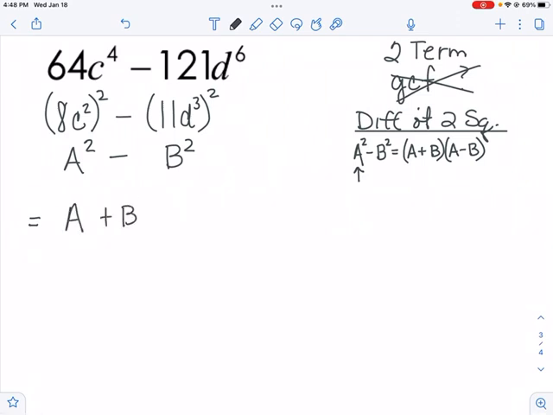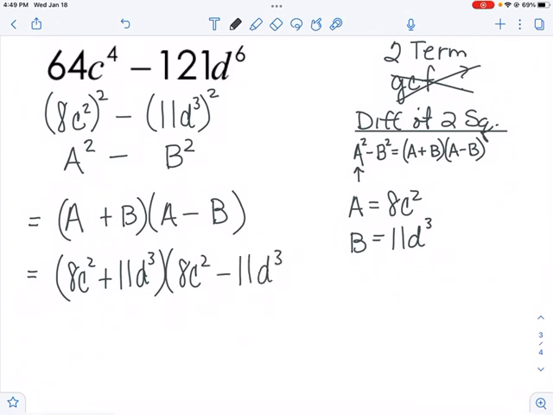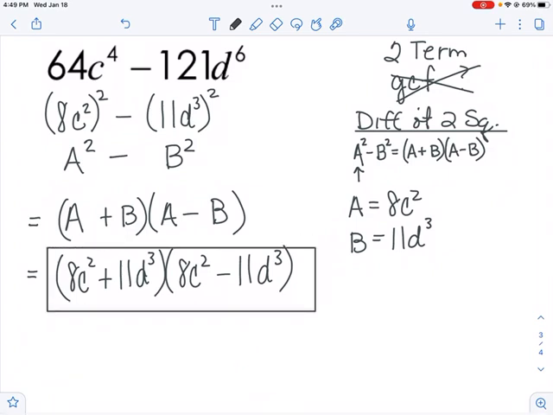Well, a in this case is 8c squared, and b is equal to 11d cubed. I'm just going to pop them into the binomials, a plus b, a minus b. So my binomials are 8c squared plus 11d cubed times the quantity 8c squared minus 11d cubed. And that, my students, is the factoring form that we're looking for. We have factored the binomial expression that is the difference of two squares.